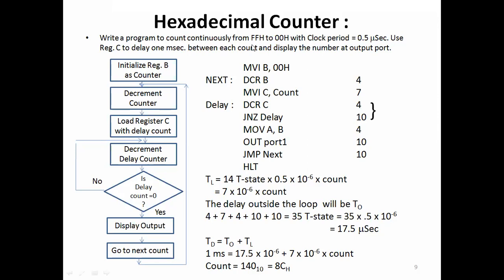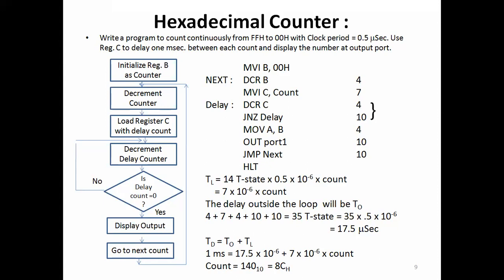So the first value will be FF, then FE, then FD, then FC, then FB, then FA, then F9, then F8, F7, F6, F5, F4, and each value will be decremented after 1 millisecond. For that particular purpose, we have to write the program.